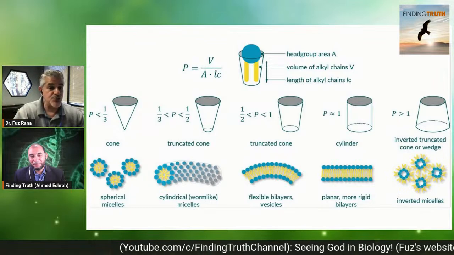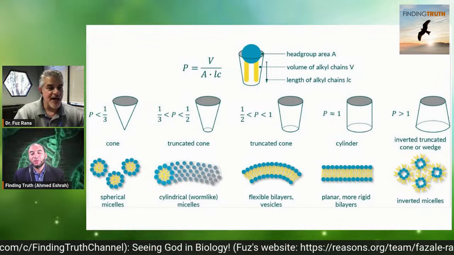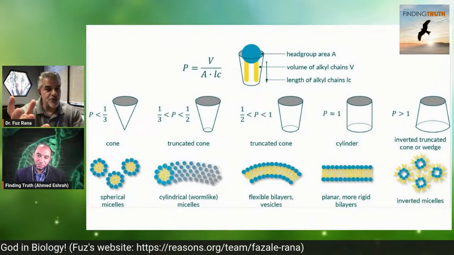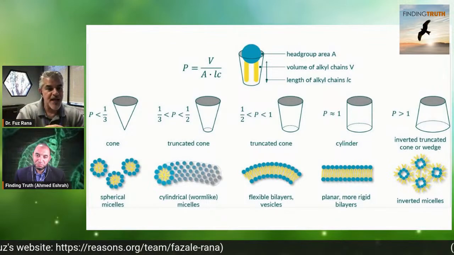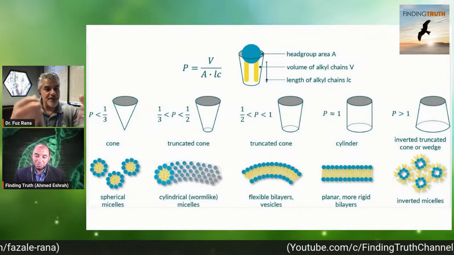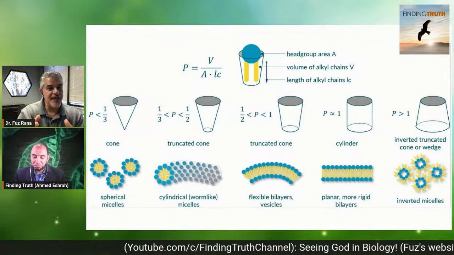And this, by the way, is the packing parameter for phospholipids, which is remarkable given that you have a head group structure and these hydrocarbon tails. Isn't it interesting that the volume and the geometries of these components are exactly what you need to get these bilayer structures?